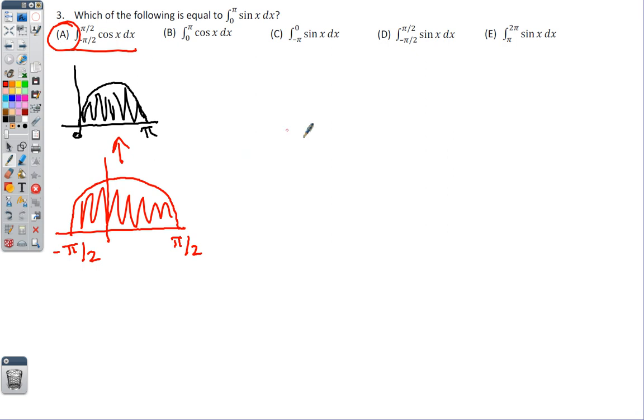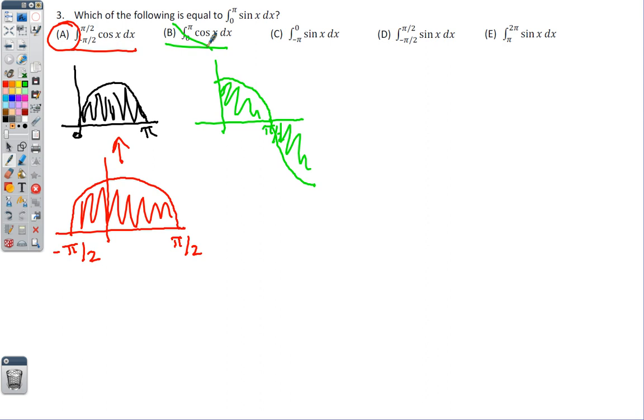Okay? So the second one, well, let's think about what cosine looks like again. It starts up here, it goes down, that was pi over 2, and then it goes down some more, right? So they're going to cancel each other out, and we're going to get 0. So that doesn't work.